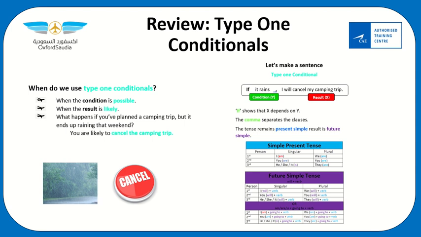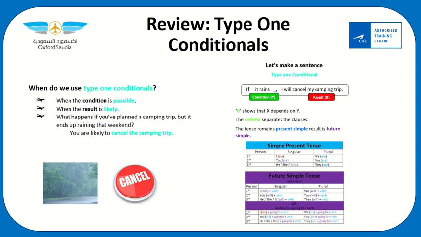It is possible that it will rain. Raining is the condition. And if it rains, the result is that you will cancel your camping trip, which is likely to happen. To make a sentence using the type 1 conditional, we have if plus the condition, it rains, with a comma followed by a result: I will cancel my camping trip.